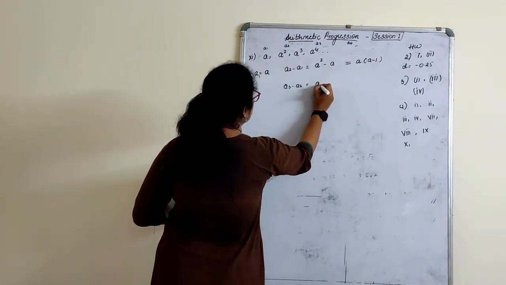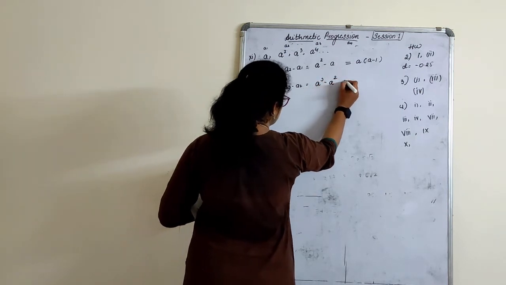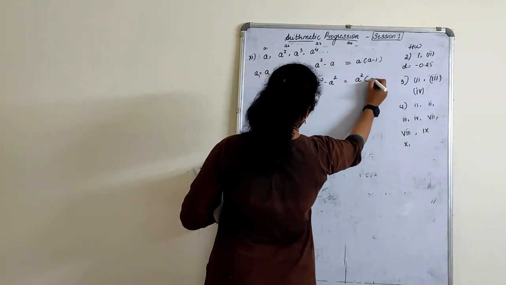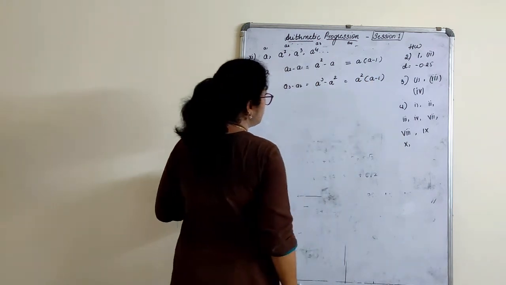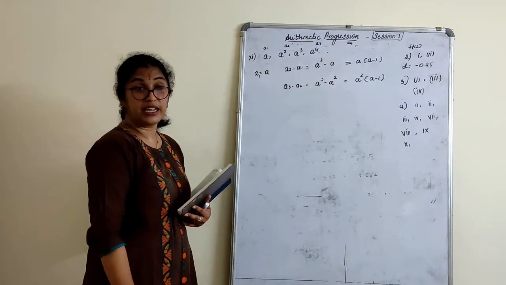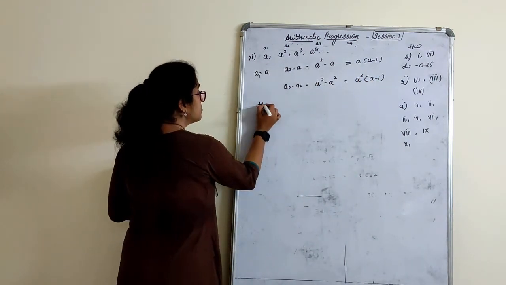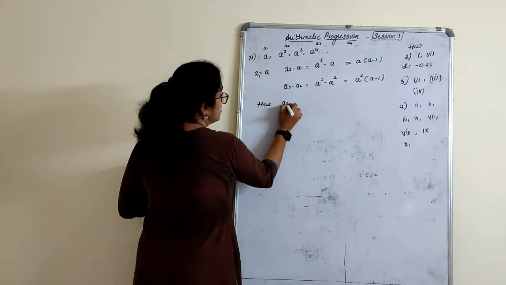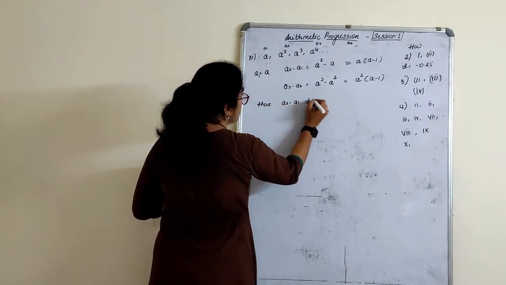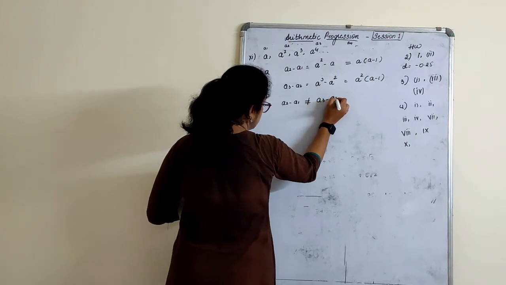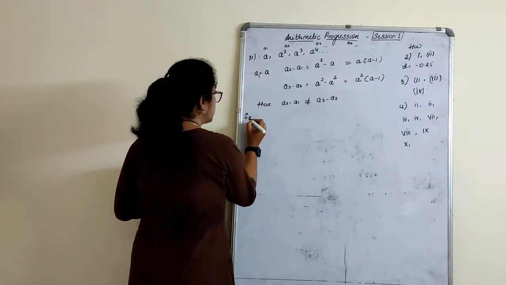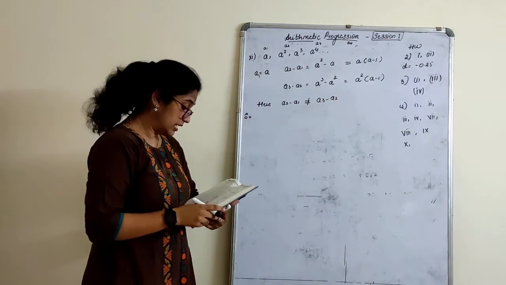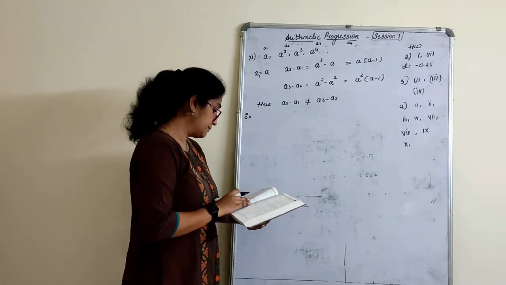For a3 minus a2, a cube minus a square, if I take a square common, a minus 1, but I can't be doing anything with a square and a. Here a2 minus a1 is not equal to a3 minus a2. Therefore, the given numbers are not in AP. It will not be in AP.